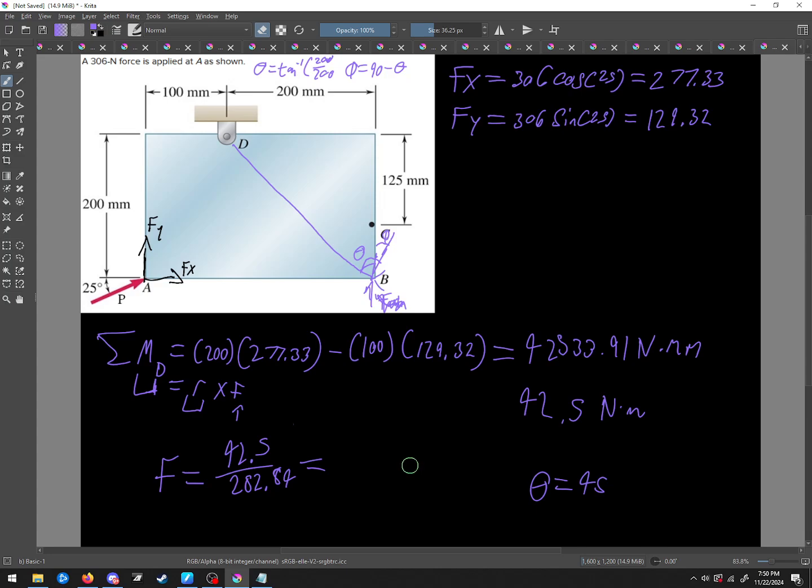And then what was the conversion here? It was 1, 2, 3. And then this becomes 1, 2, 3. Getting 150.3.